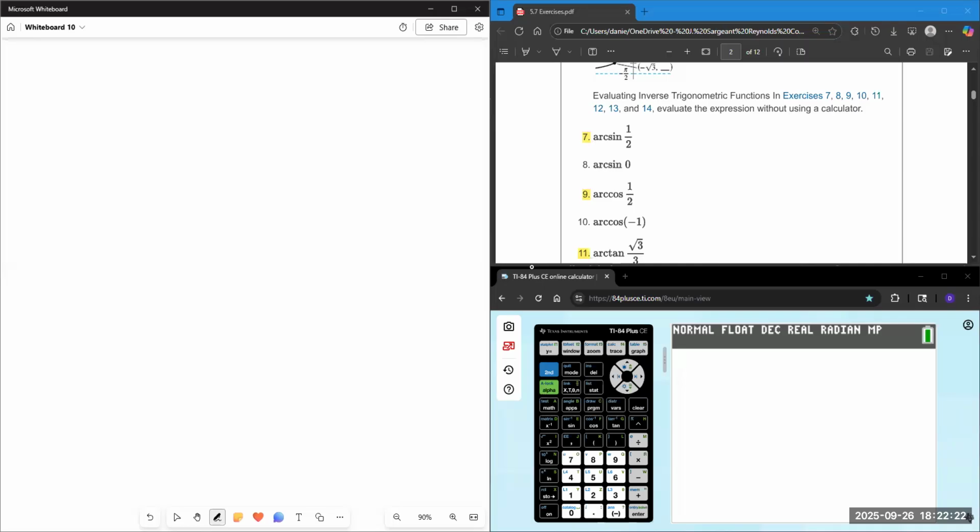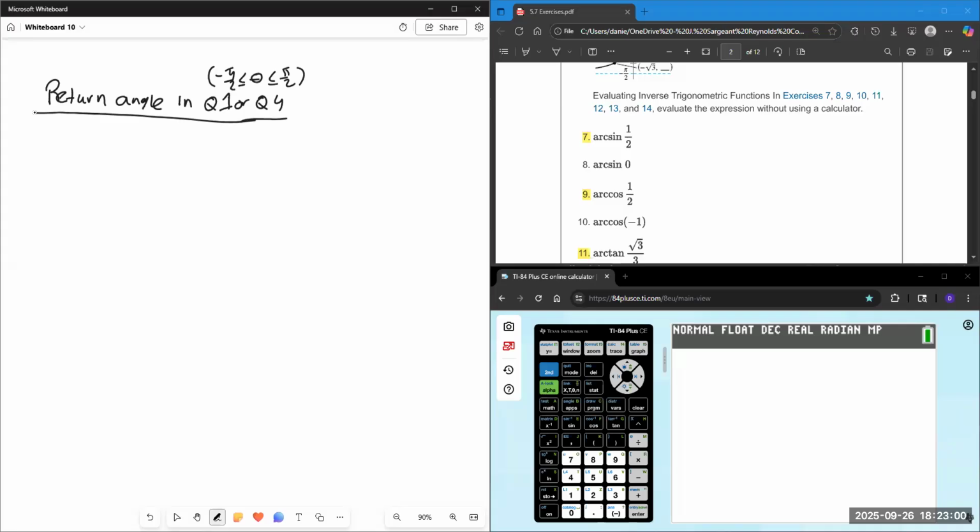So important things to remember about inverse trig functions are that they return angles, usually in radians. Three of them return angles that are between negative pi over 2 and pi over 2, quadrants 1 and 4.